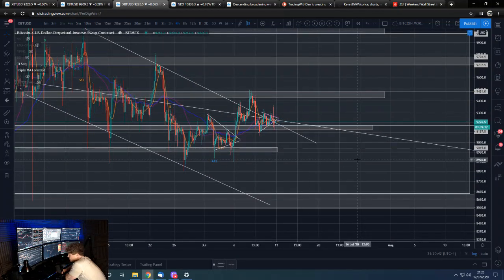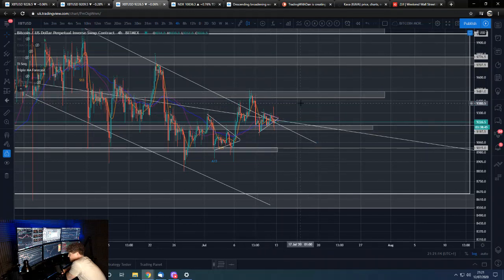I would be looking more at the actual main channel that we've been in, which we do look like we're getting above, and it does look like we're going to have the top of that channel trend line and the 9,200 support both below us. So I find it difficult, if stock markets stay where they are or go up, to see us not drifting or floating up to here.